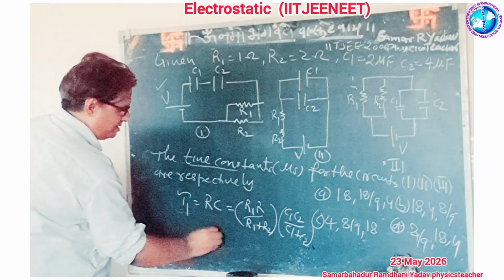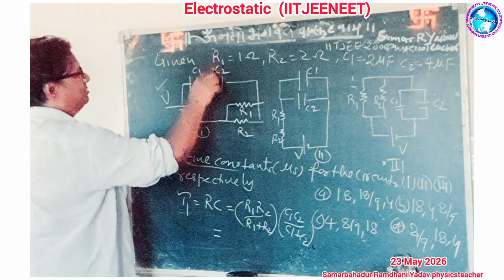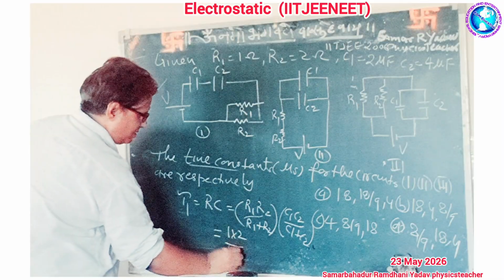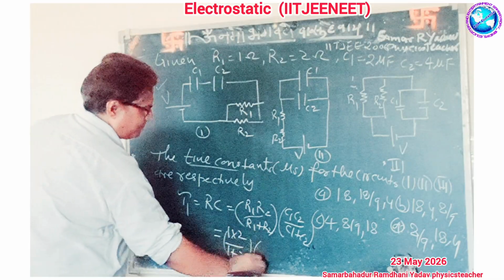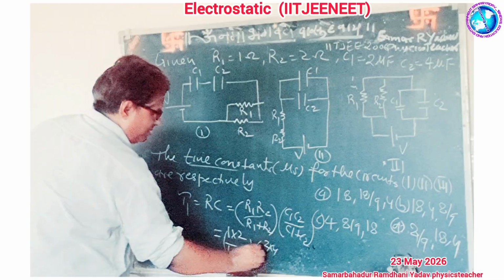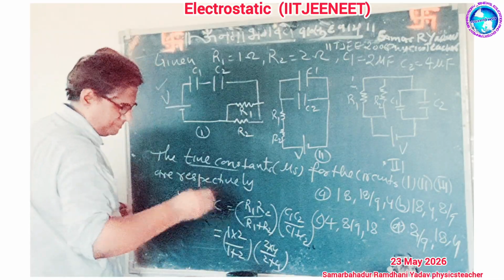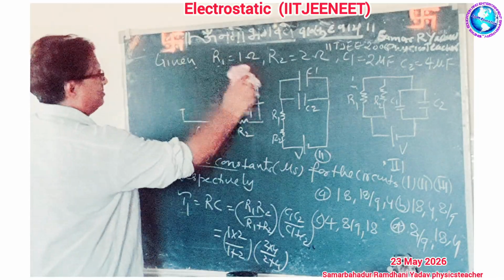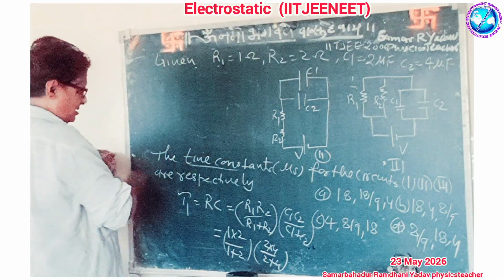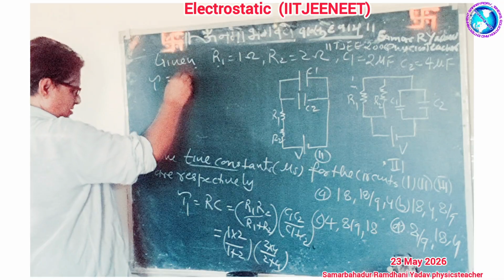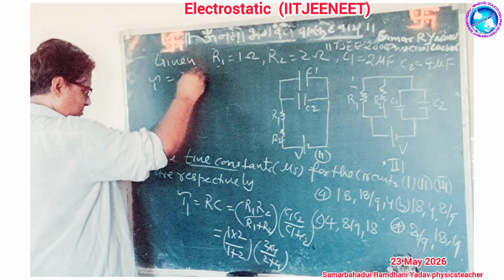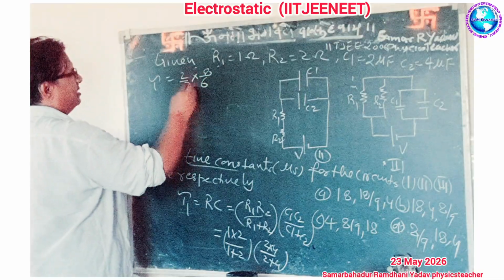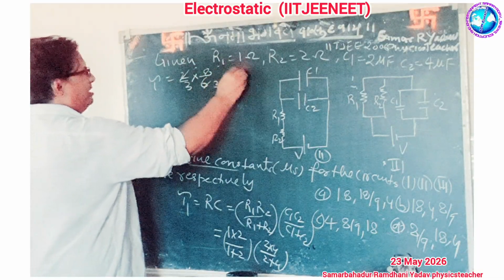Keeping the values, R1 and R2 are 1 and 2, so we write 1 into 2 upon 1 plus 2, into 2 into 4 upon 2 plus 4. Therefore tau 1 is equal to 2 upon 3 into 8 upon 6, so we can write 8 upon 9.